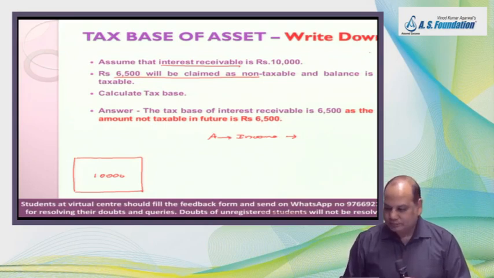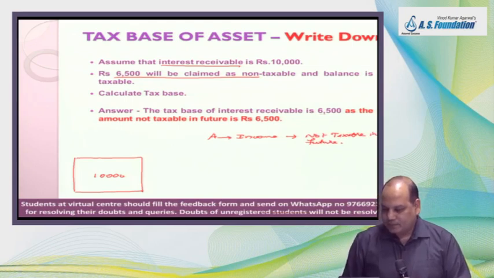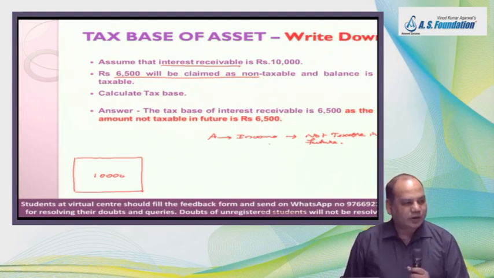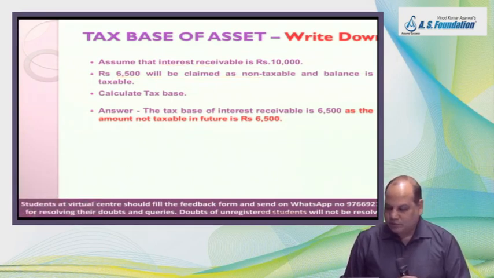Answer, write down. Amount not taxable in future is rupees 6,500. So automatically the difference of 3,500 will come. And on that 3,500 we will create a deferred tax.